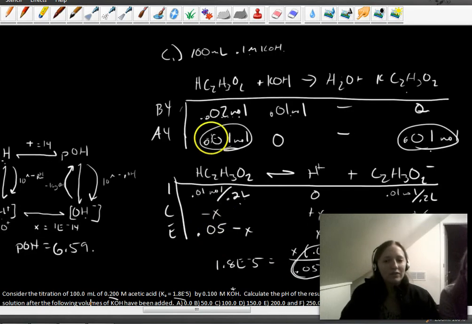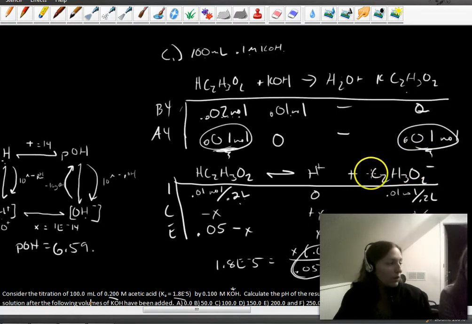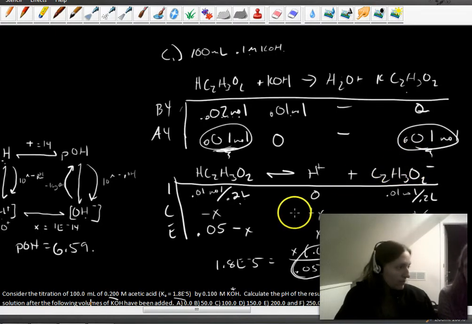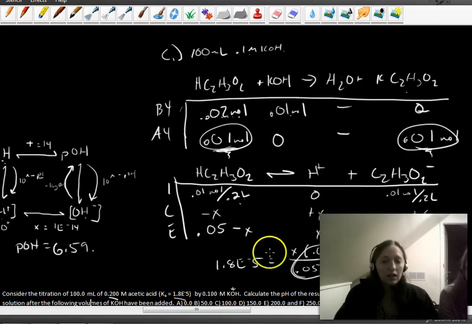When you have the same amount of acetic acid as you have acetate, what you have reached is your half equivalence point. We talked about our half equivalence point. There's a special little calculation that you can run at the half equivalence point, which is x is equal to the Ka, which means that your pH, which is the negative log of H, is equal to your pKa.